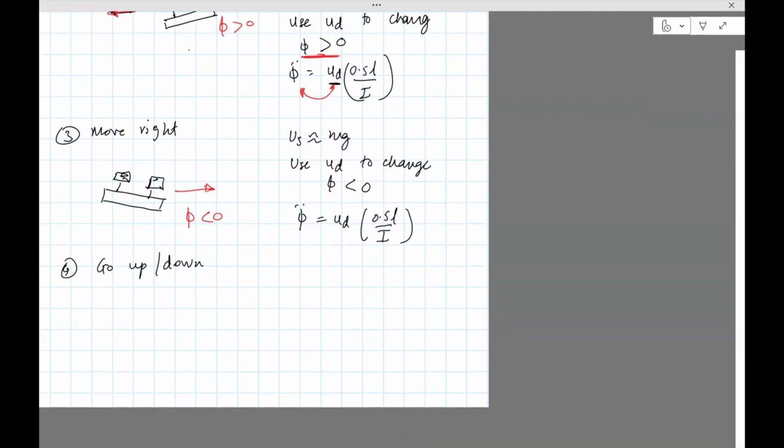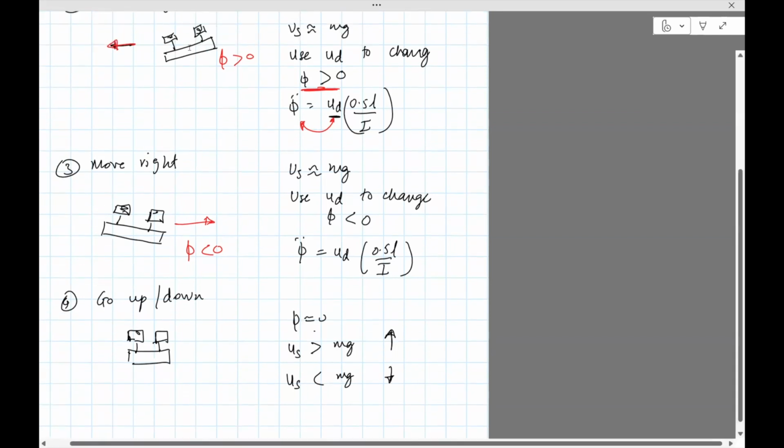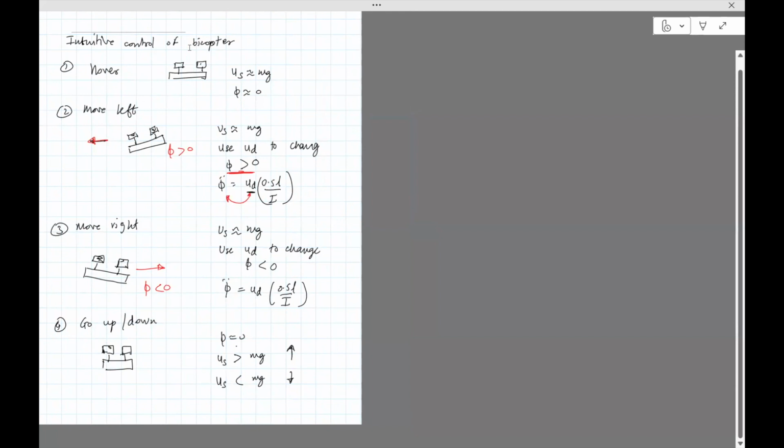So to go up or down, what you do is keep it vertical, so phi equal to 0. Us slightly greater than mg, it goes up. If you put us slightly less than mg, it goes down. So this basically is all you need to get the quadcopter to move up, down, left, right.